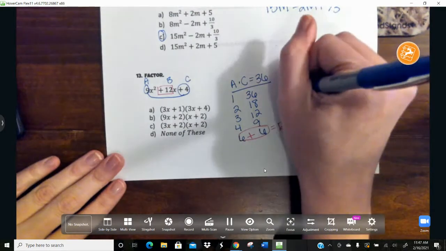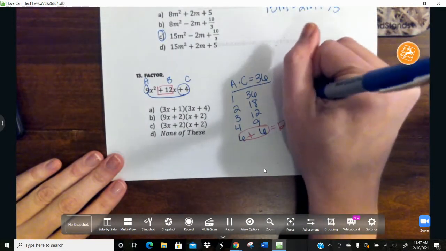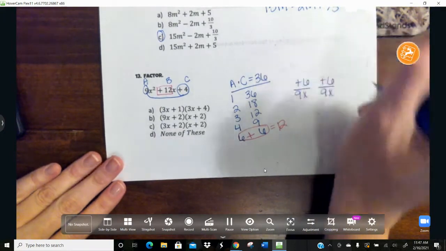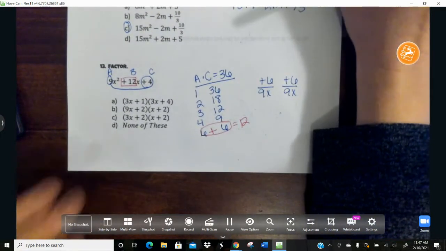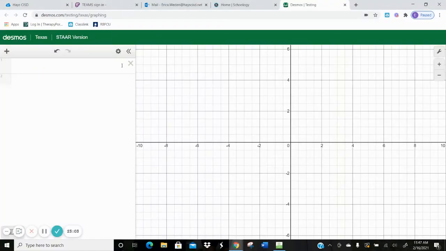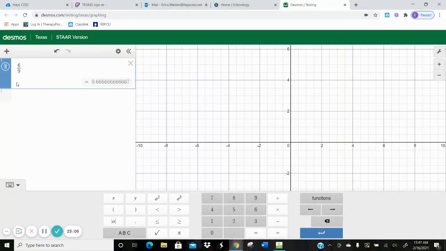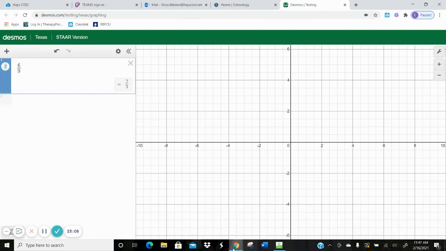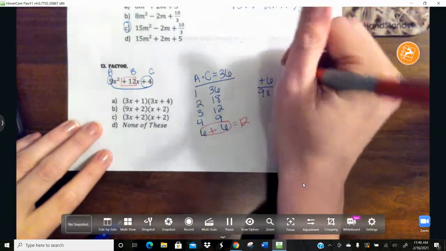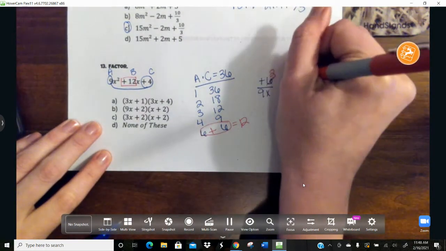So I'm going to set up my two fractions with ax, so 9x at the bottom, plus 6 at the top. Now I'm going to go to Desmos and reduce 6 over 9, or see if it reduces. It reduces to 2 over 3. So the top, remember, is going to be 2.